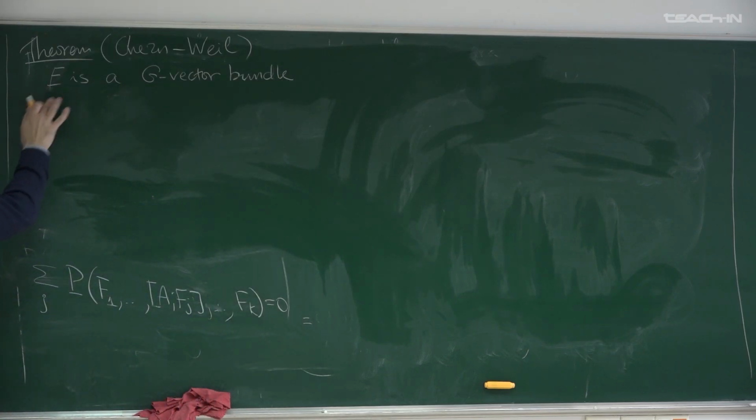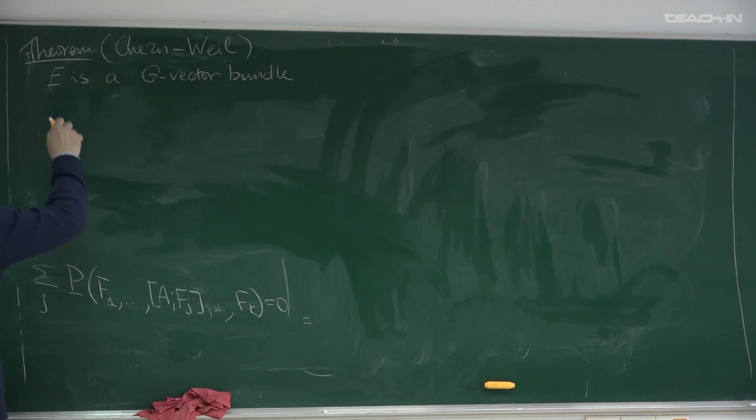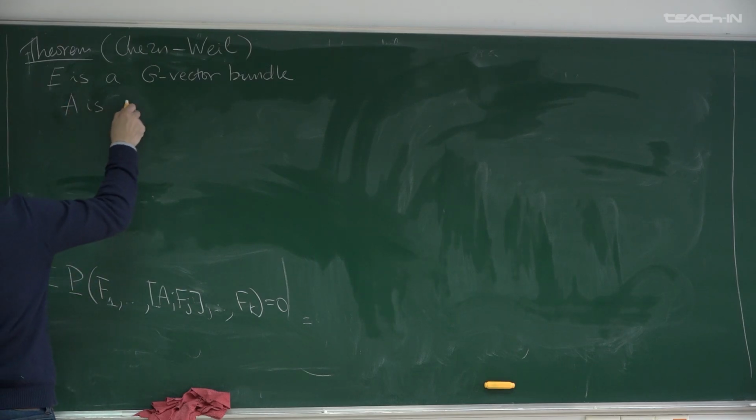So we have a vector bundle with a structure group G, or you can think about a principal bundle. A is a connection.